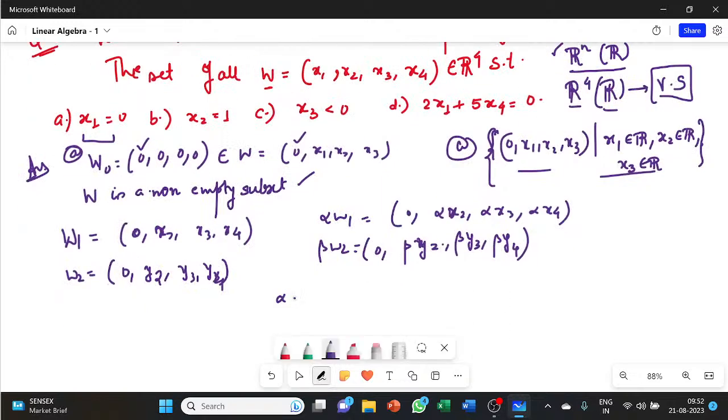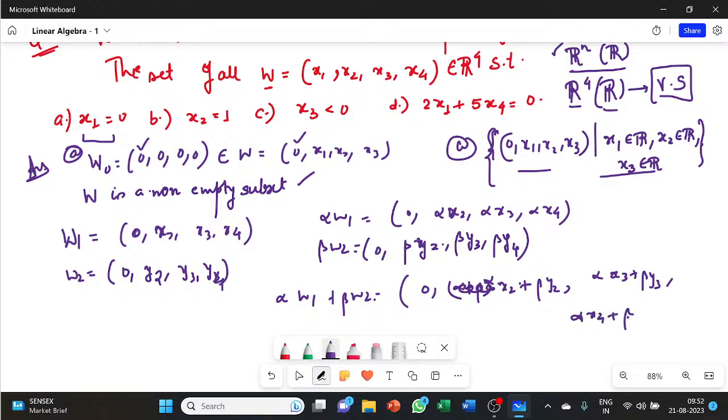Then alpha W1 plus beta W2 will give me 0, alpha x2 plus beta y2, alpha x3 plus beta y3, and alpha x4 plus beta y4.